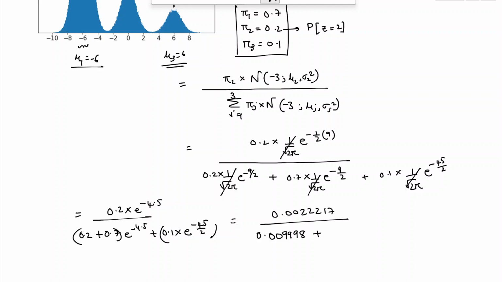So now when we compute it, this term, e to the power minus 45 by 2, is a very small number. It's in the range of 1 into 10 to the power minus 11, right? So we can ignore the term, and this would be somewhere equal to 0.2222, right? And this is our answer, right?